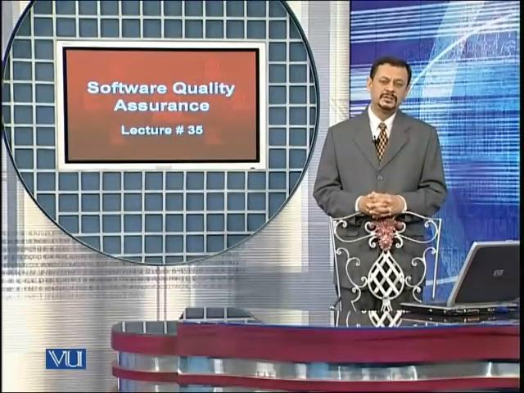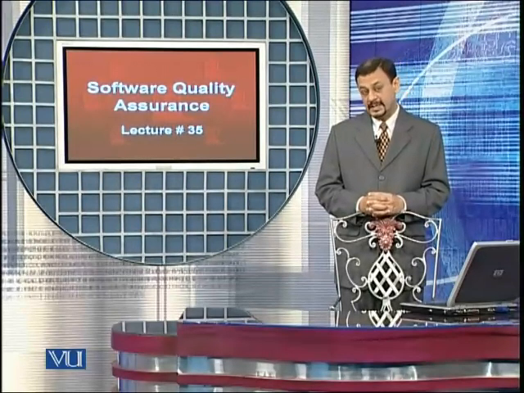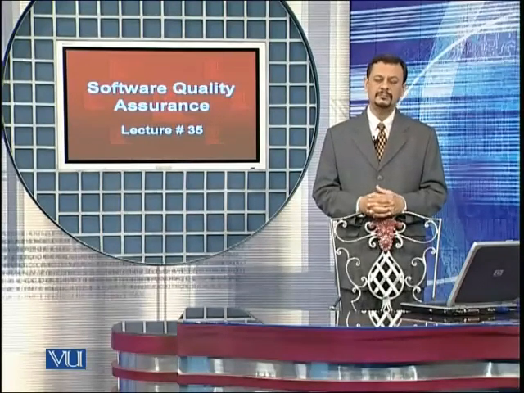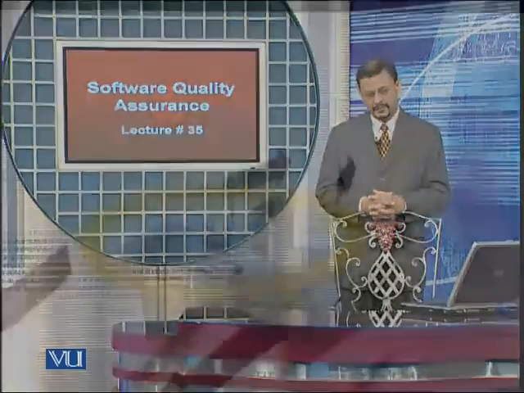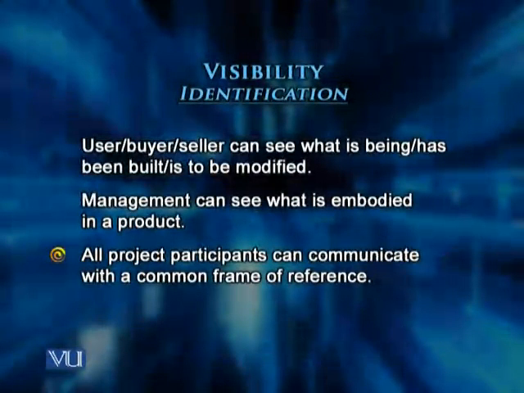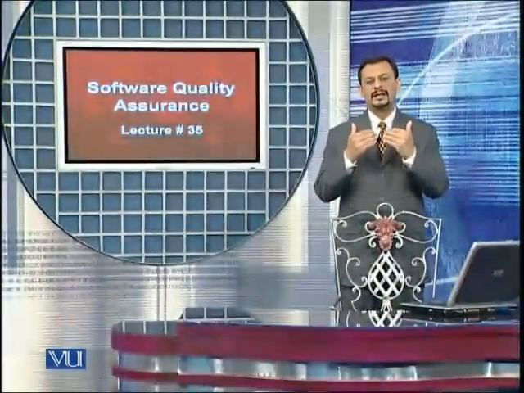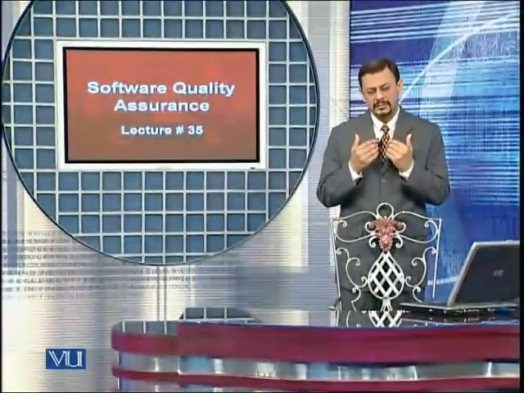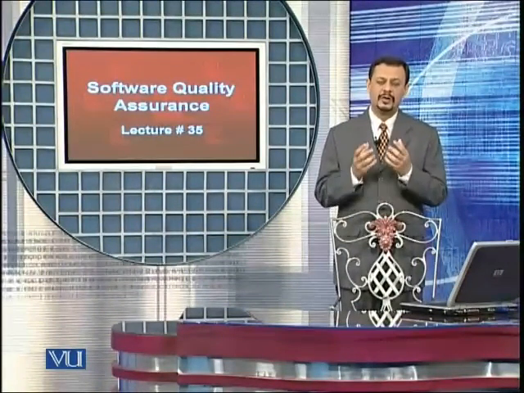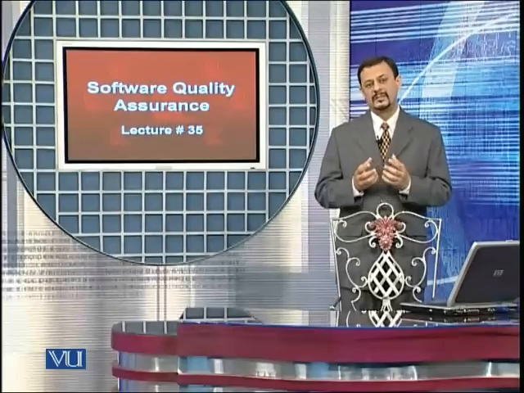And so the management would be able to see what is contained in a product. So the visibility improves further. And then all project participants can communicate with a common frame of reference. Everyone who wants to talk about an individual software configuration item can do so with the help of a unique ID. And even that ID includes the version number.